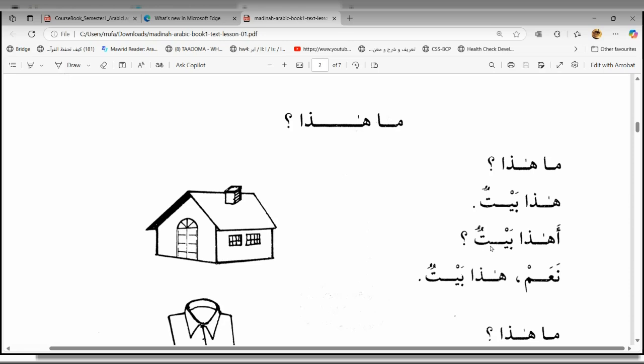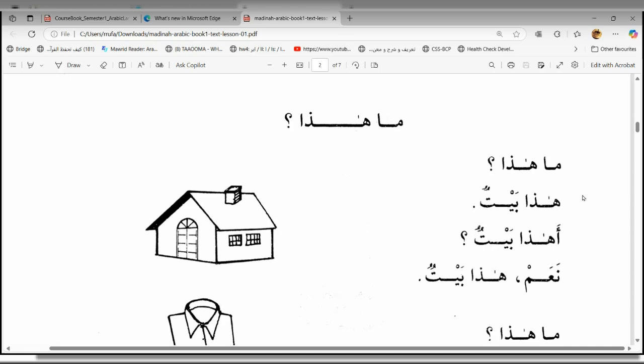Hadha bayt, is this a house? Questions of this type have one of two answers, either a yes or a no. Naam, hadha bayt. Yes, this is a house.